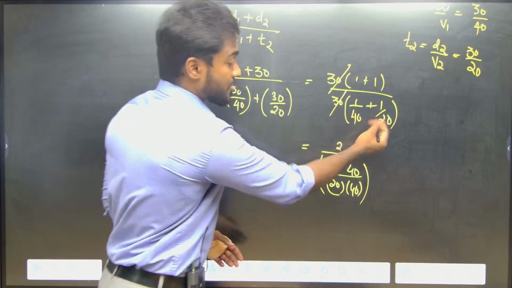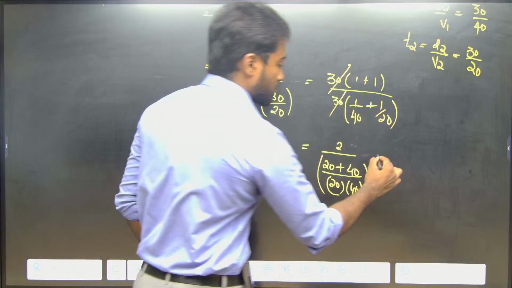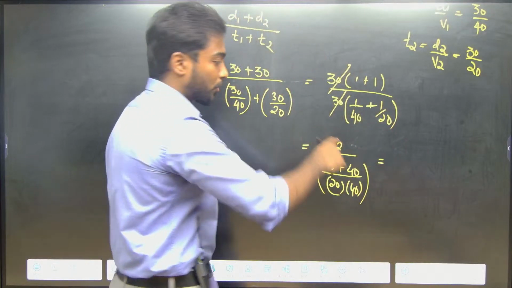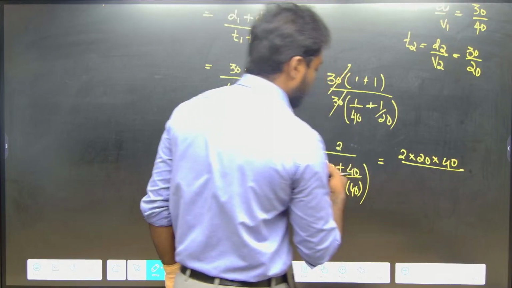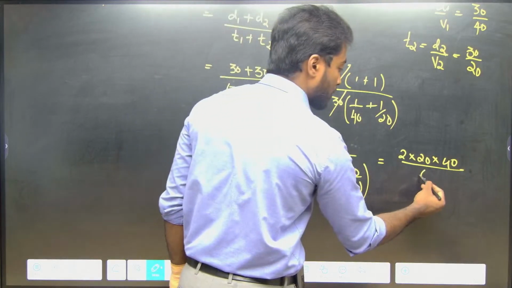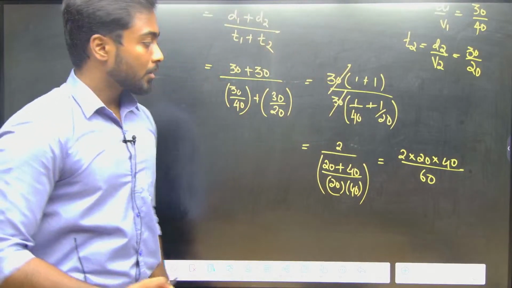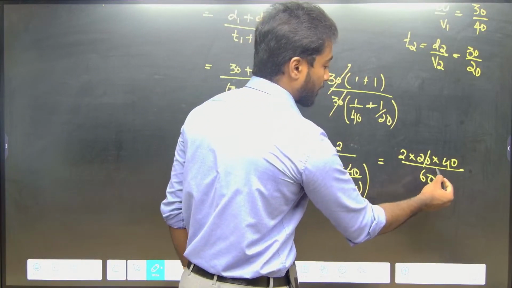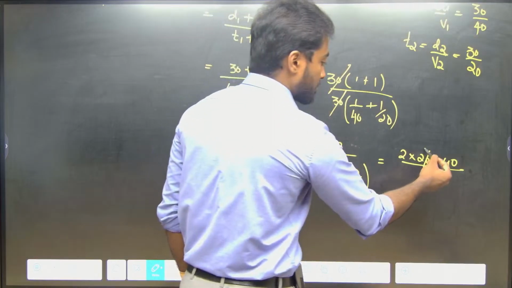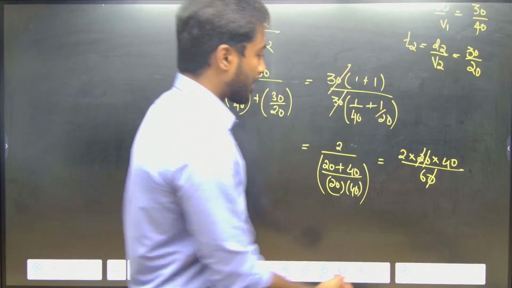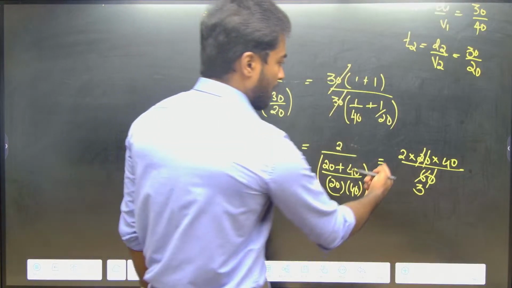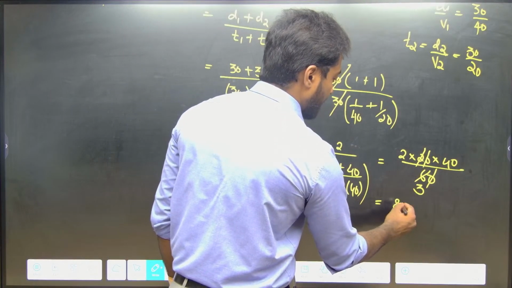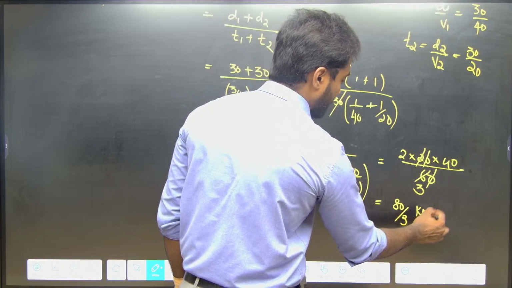I am simplifying this bracket. So if I take this 20 and 40 to the numerator, 2 into 20 into 40 divided by 20 plus 40 is 60. So 60. What I will do is, I will cancel 1 zero, I will cancel 1 zero. This is 1 times and this is 3 times. Done. How much? 80 by 3 kilometer per hour.